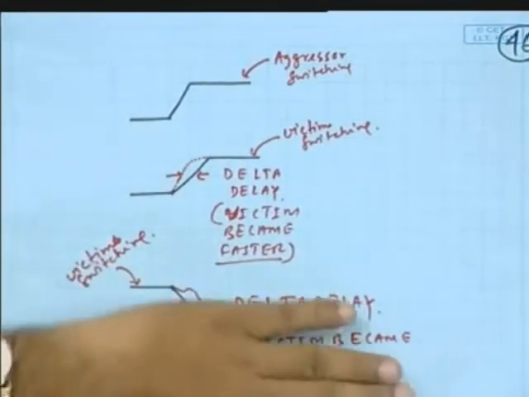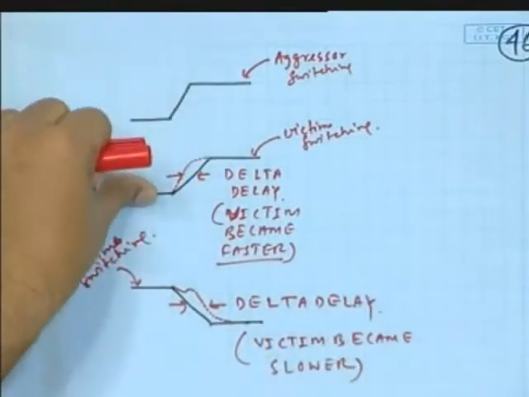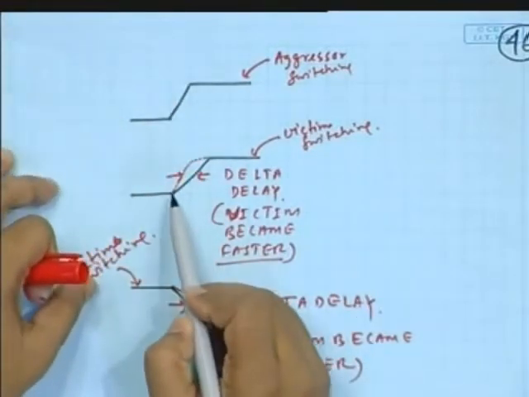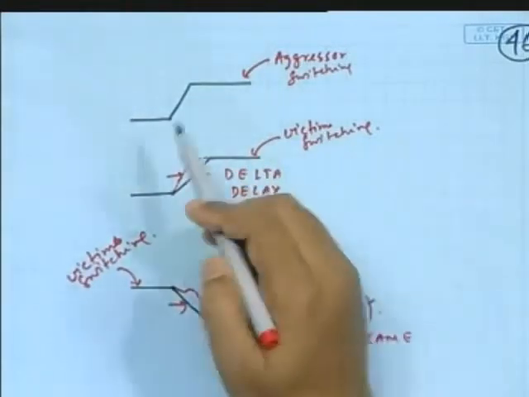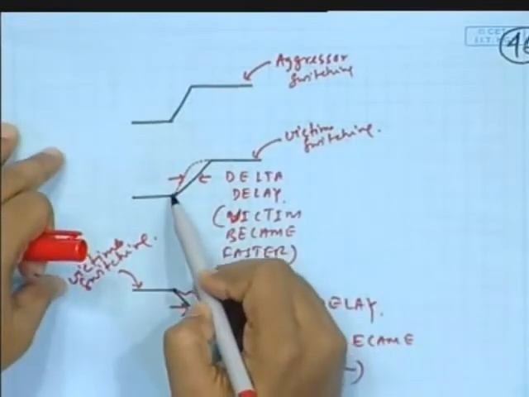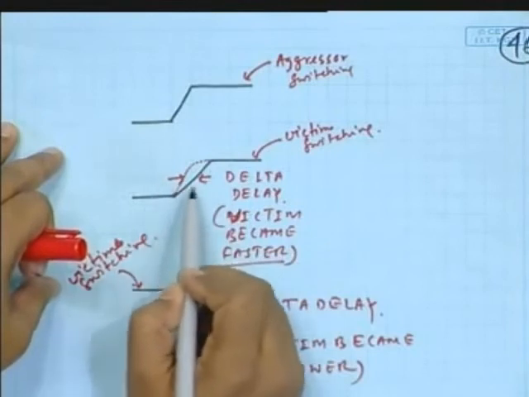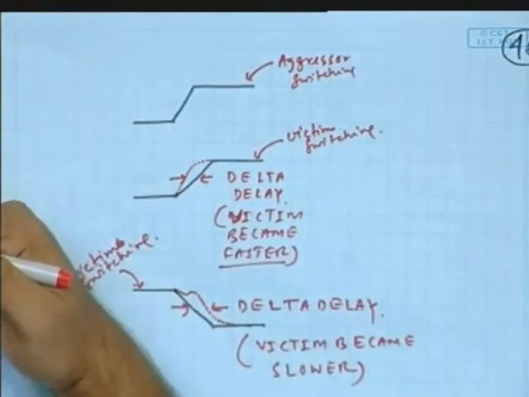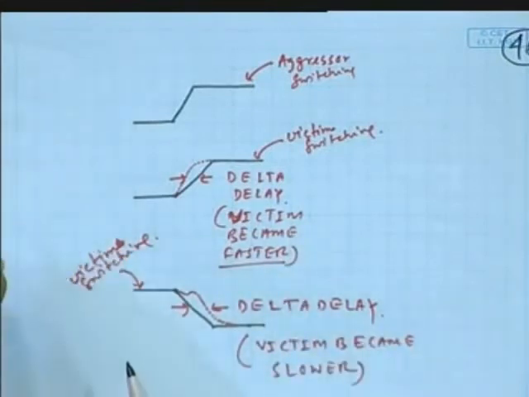This is the aggressor of this victim. So this victim is also switching in the same direction, 0 to 1. If it is 1 to 0, this is also 1 to 0. So definitely this will make it stronger. So this delta delay is actually shifting towards the left. So that means the victim became faster.